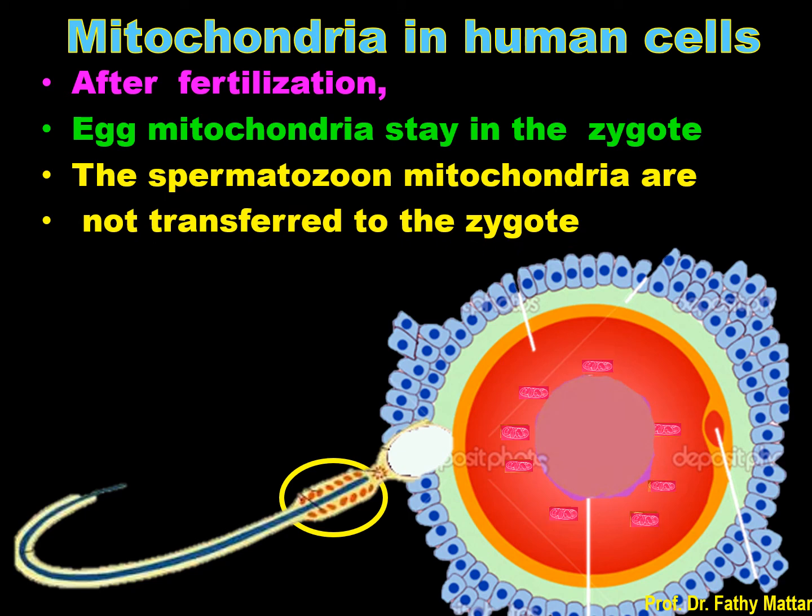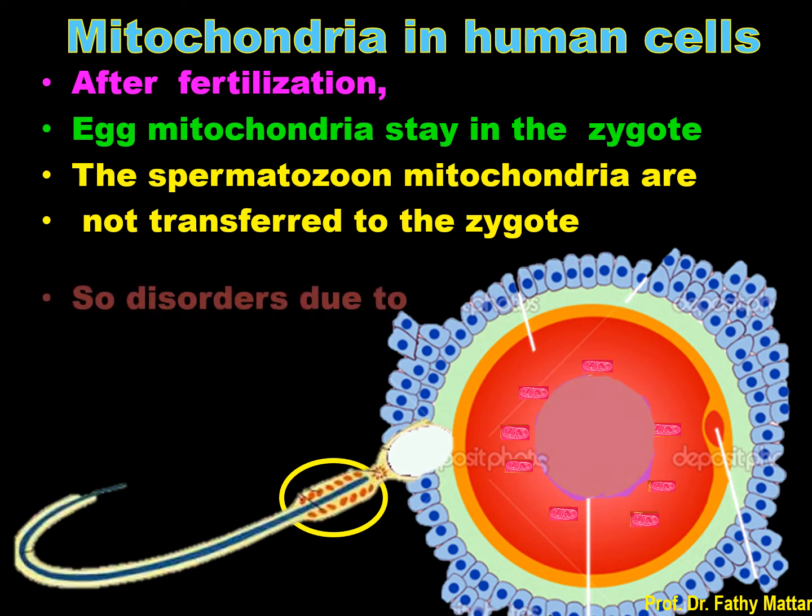And so the mitochondrial diseases or the mutations that occur in the female or in the mother's mitochondria can be transmitted to her progeny, but the male does not transmit his mitochondria to the progeny.